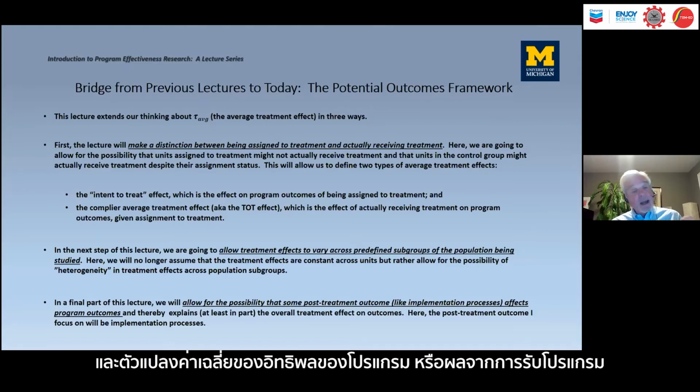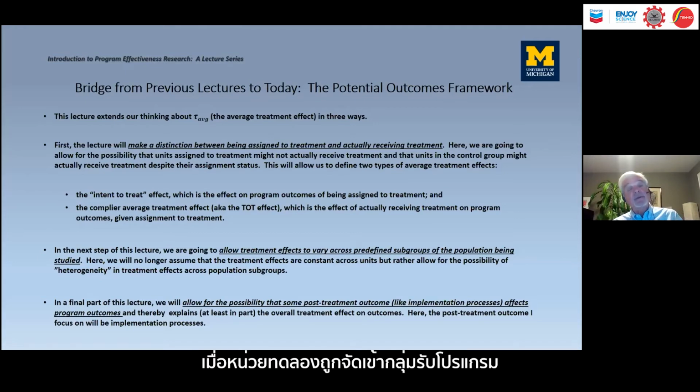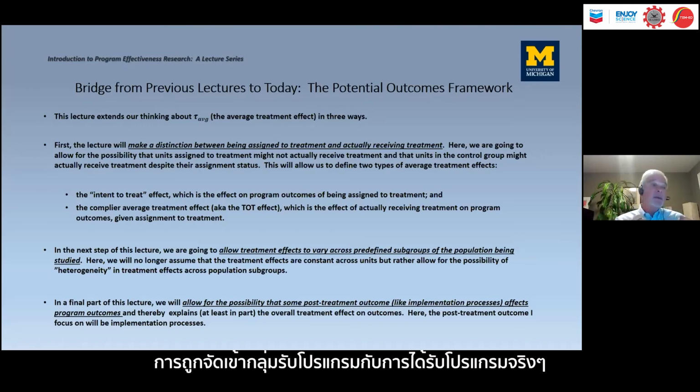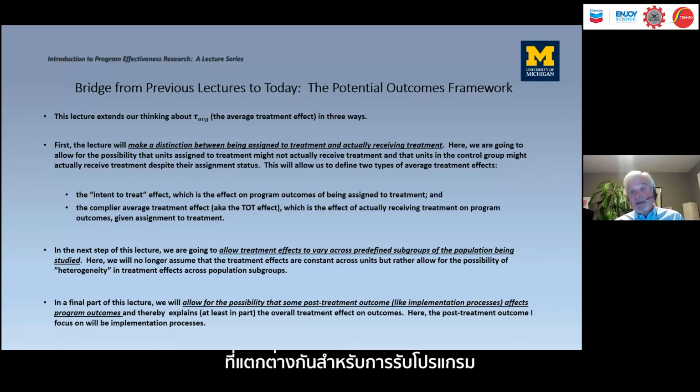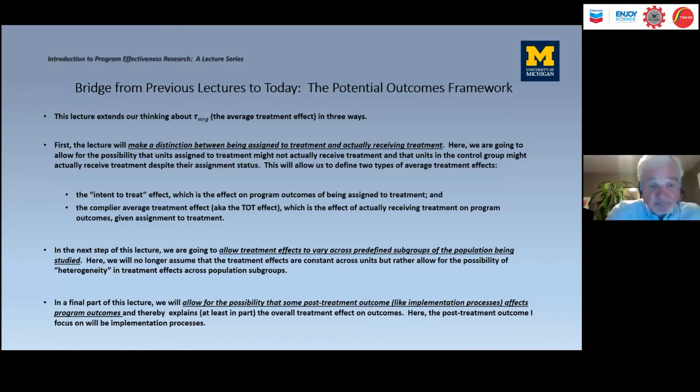And the complier average treatment effect, or the effect of treatment on treated, the TOT effect, is the effect of actually receiving treatment on program outcomes, given that the unit was assigned to treatment. So we're going to make a distinction between being assigned to treatment and receiving it, and we're going to estimate two different kinds of average causal effects for programs, depending on whether it's just taking into account assignment to treatment or actual receipt of treatment.